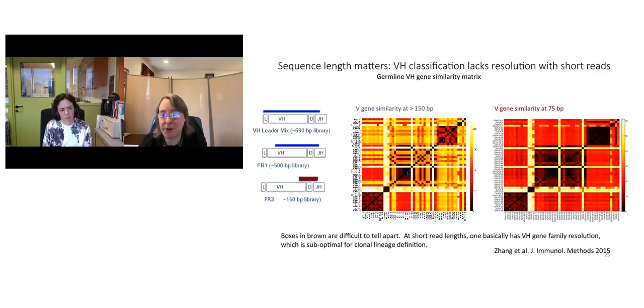And part of why the read length matters is that you use the sequence of the V gene to figure out which V gene your clone has. So most algorithms that we use for grouping related sequences into clones start from the idea of, okay, let's look at the V gene sequence and which V gene in the germline databases is most similar to the one in our query sequence, right?